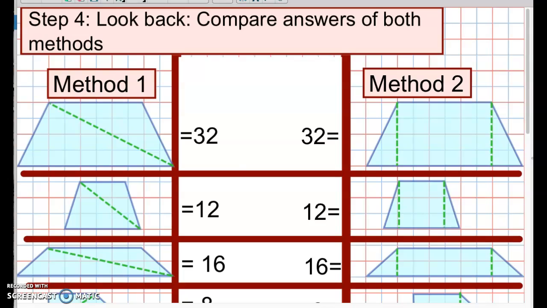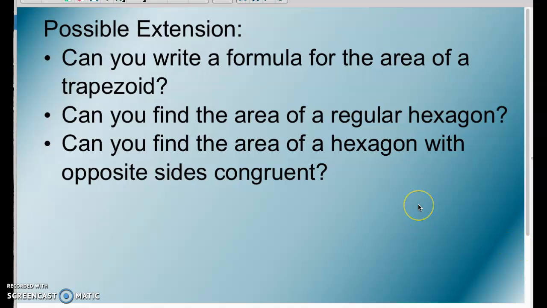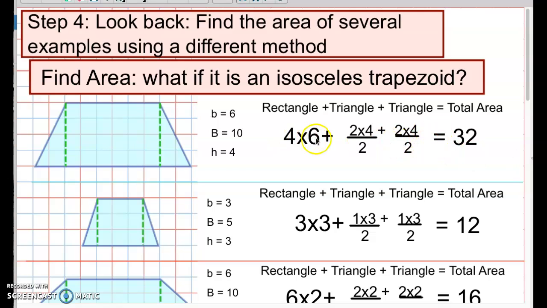So now, as a possible extension for this, I might ask my students, can you write a formula now for the area of a trapezoid? And so the formula can actually be derived from all of the work that we've done. So you could use these items right here, plug in variables for the big base, the little base, and the height, and you'll end up with your trapezoid formula.